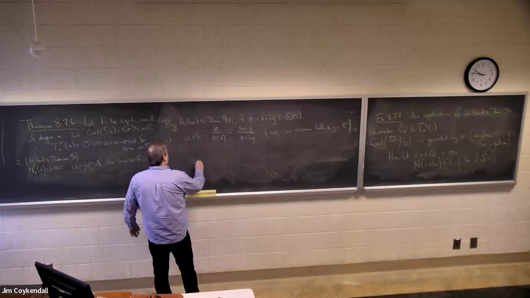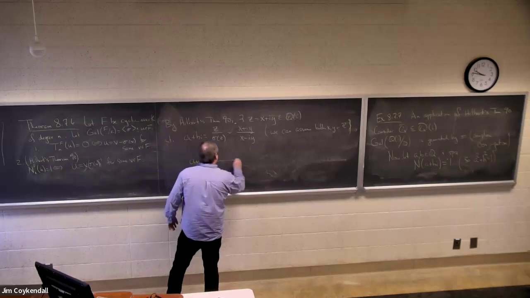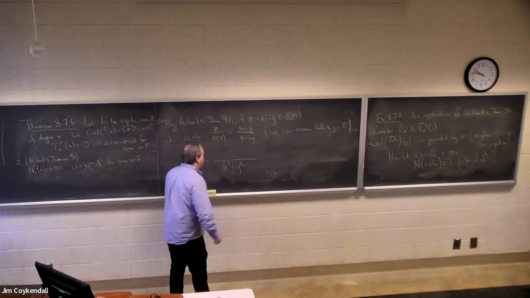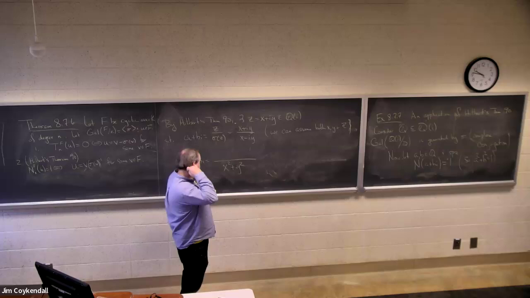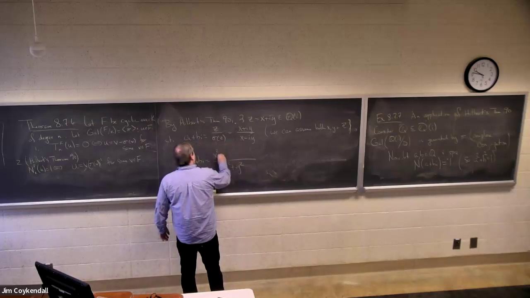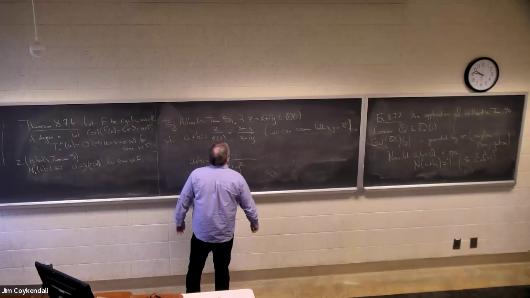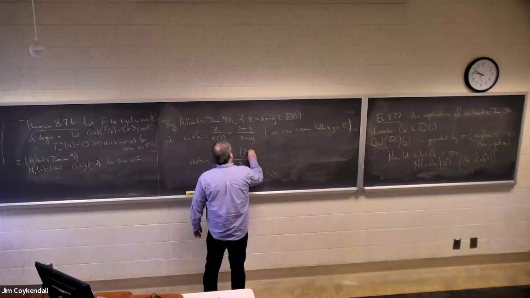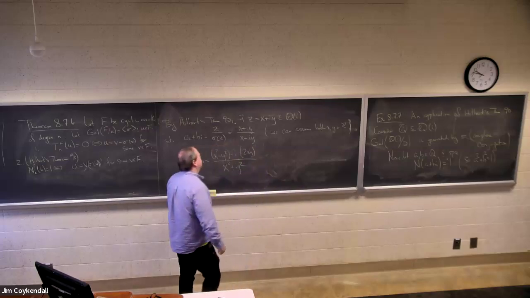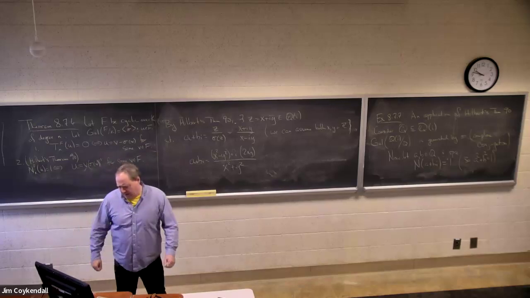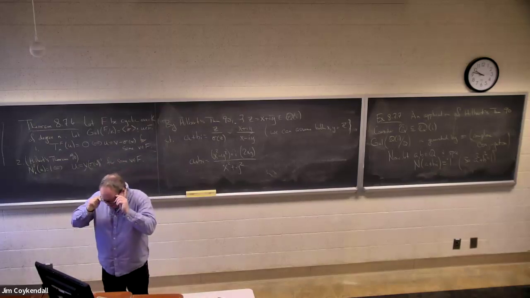I get a plus bi is equal to, multiplying top and bottom by x plus iy, x squared minus y squared plus i times 2xy. Right, okay with that?